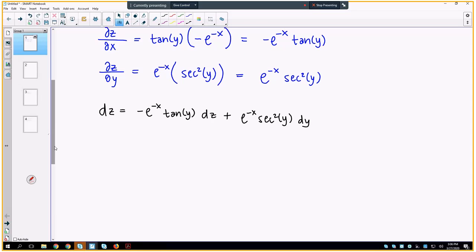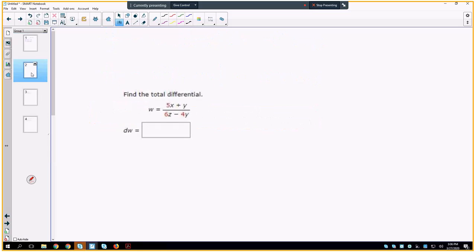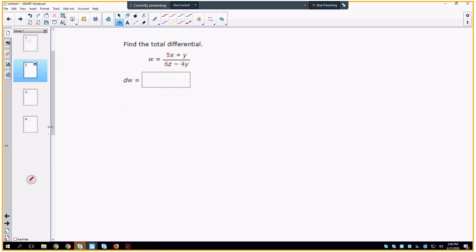All right, let's look at another example. We have the function w equal to 5x plus y all over 6z minus 4y.